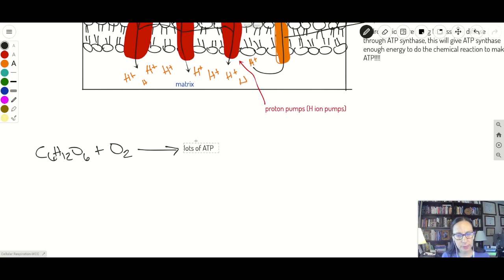We're going to make 6 CO2, plus we're going to generate some water. I just want to point out a couple of things. The oxygen comes in when you inhale, and there are 2 steps that need oxygen.